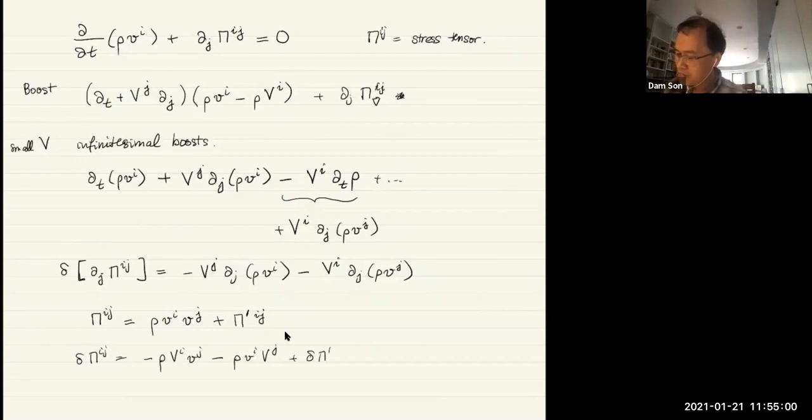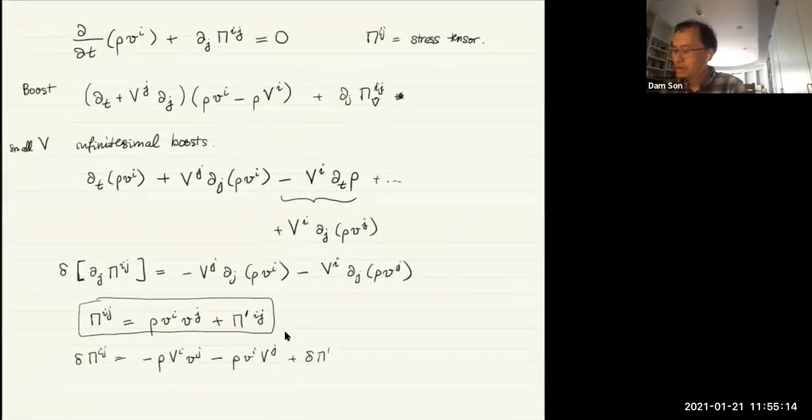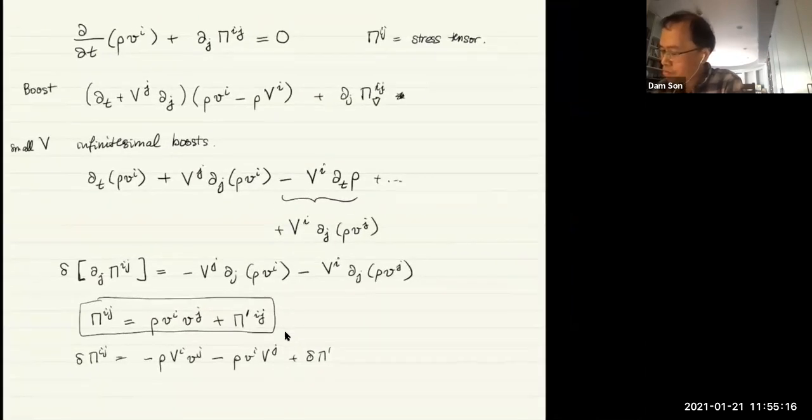So if we separate out rho vi vj from the stress tensor pi ij, we need only to require that pi prime is just equal to pi ij at, say, t, x plus vt.